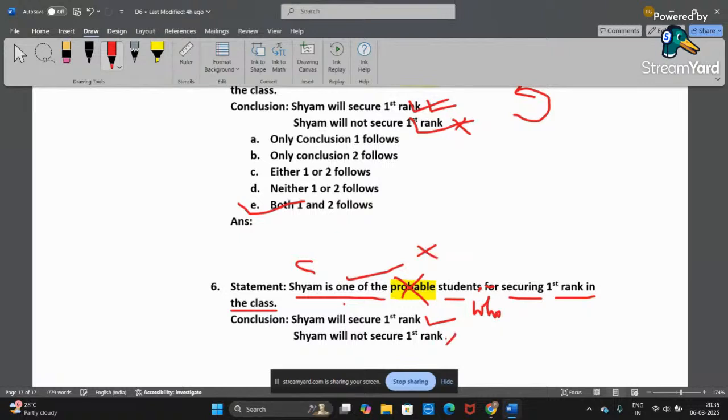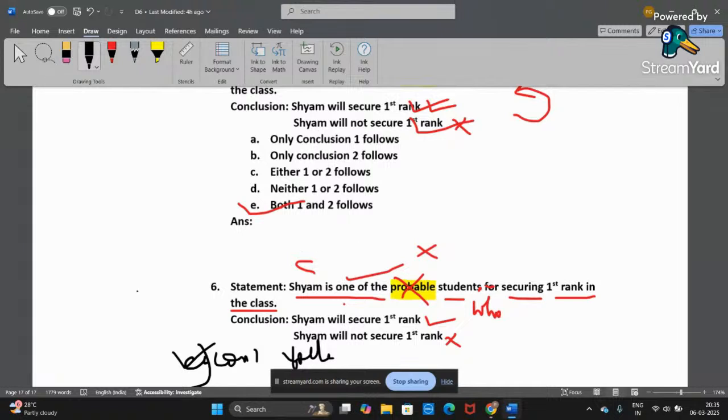So the second conclusion is wrong, and only the first one is right. So if you look into the options, only conclusion 1 follows. That means option A is correct.